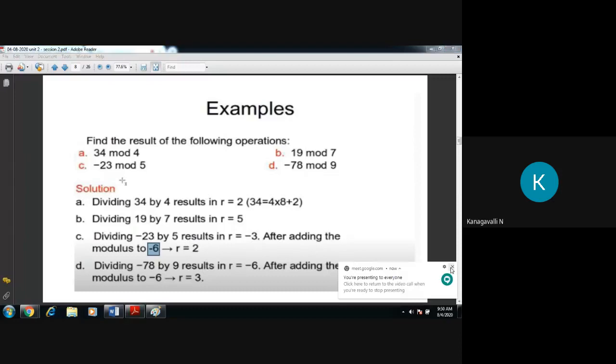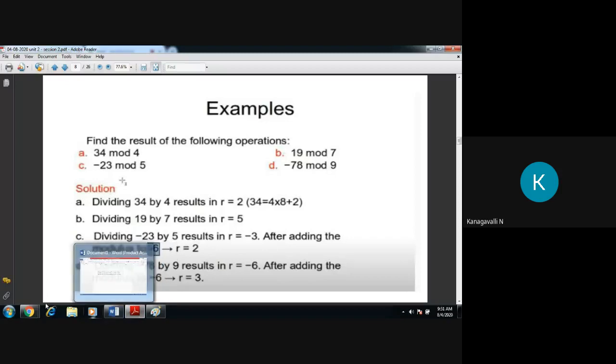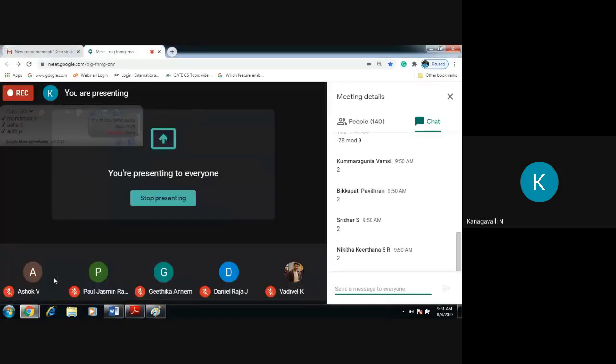But check here. Minus 78 by 9. What is your remainder value? How did you get 2?